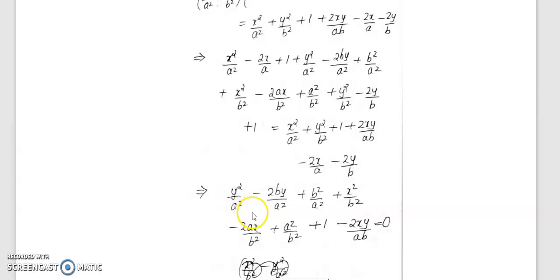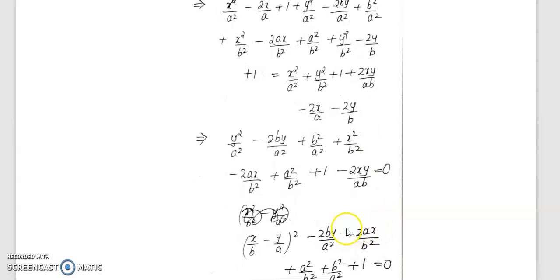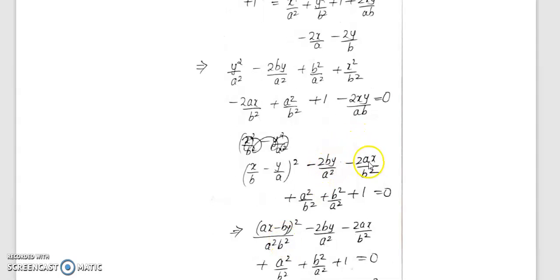y square by a square minus 2by by a square plus b square by a square plus x square by b square minus 2ax by b square plus a square by b square plus 1 minus 2xy by ab. Now if you combine these three terms, you will get a perfect square: y square by a square, x square by b square and minus 2xy by ab. So that will give us a perfect square, and the remaining you will have these terms. Take the common denominator.